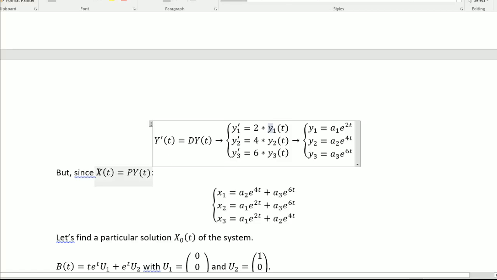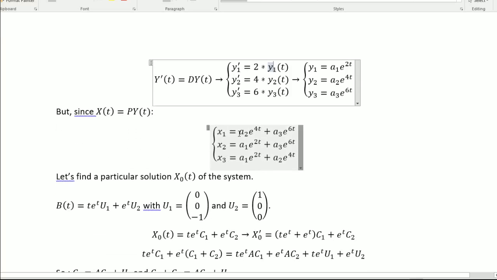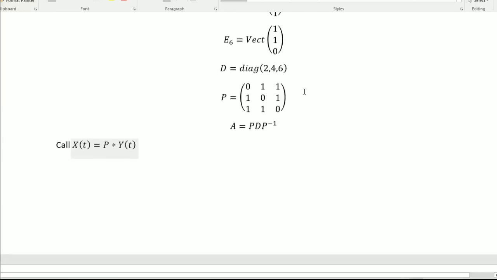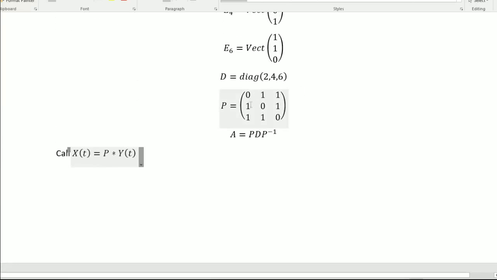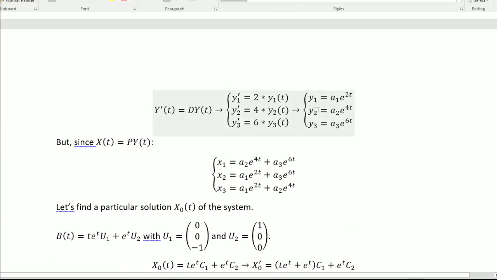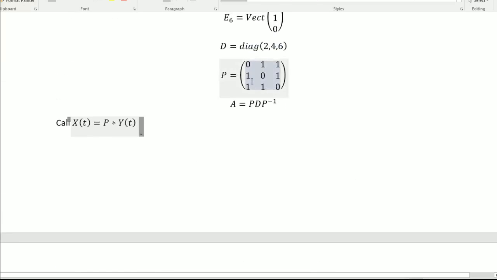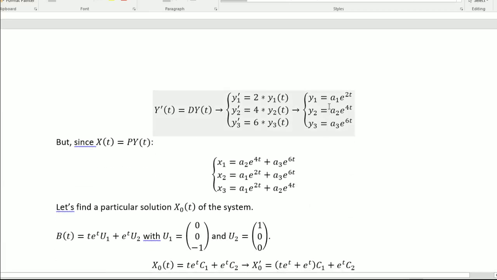But since x is equal to Py, we can just write it like this. So x is equal to this one plus this one, since from this one you see you have 1 and 1, so you'll do 1 and 1 and so on.